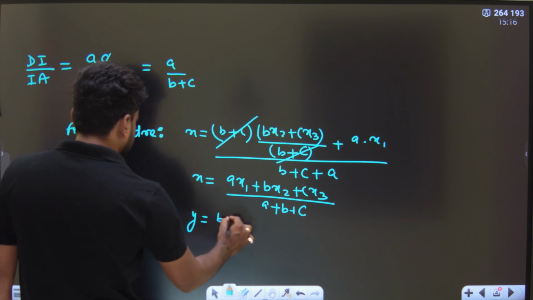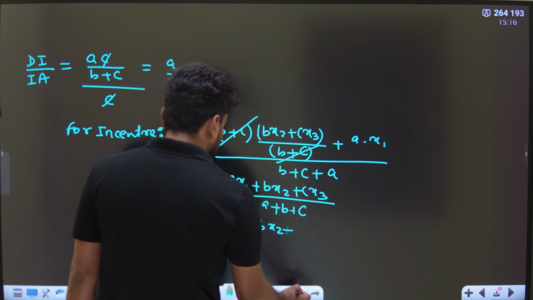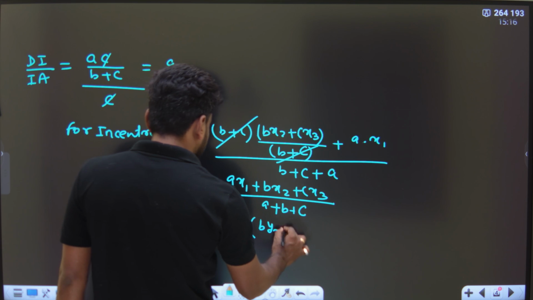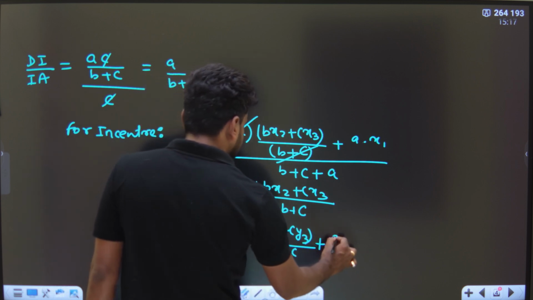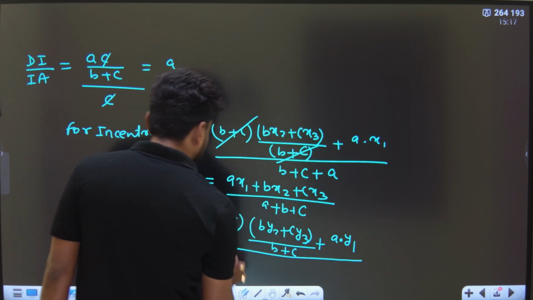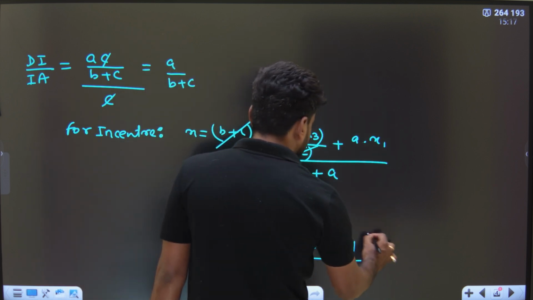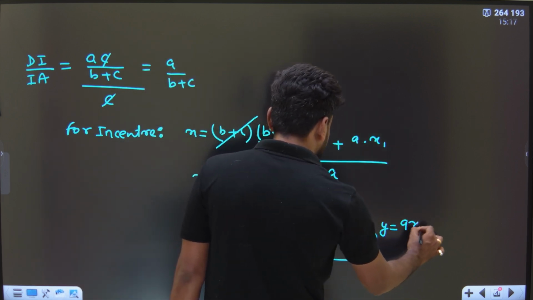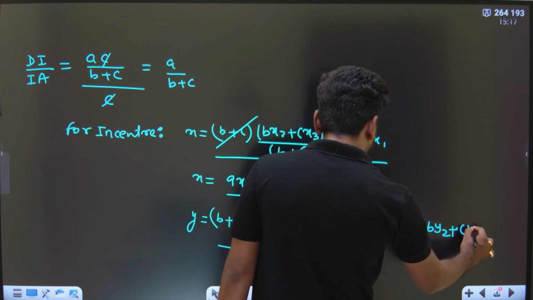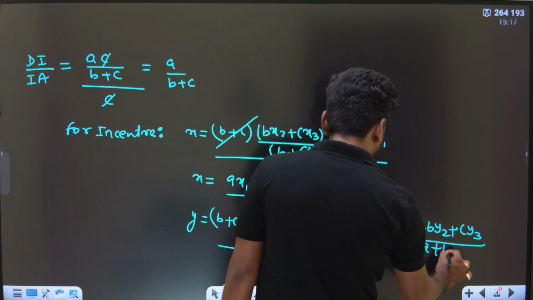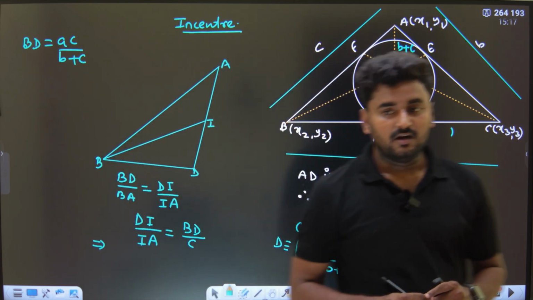So I will write B plus C into by2 plus cy3 whole upon B plus C, and plus A into y1 whole upon B plus C plus A, and now I got y equals A y1 plus B y2 plus C y3 whole upon A plus B plus C. So therefore we got the incenter of a triangle.